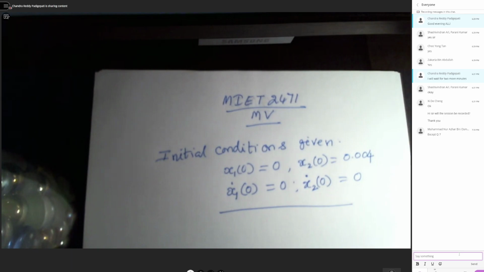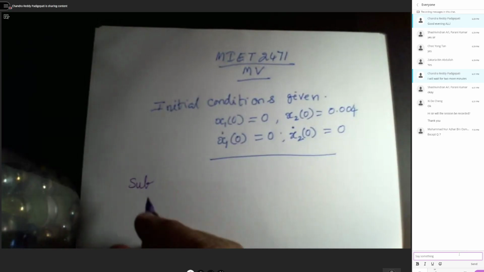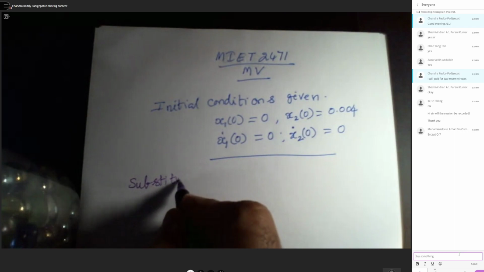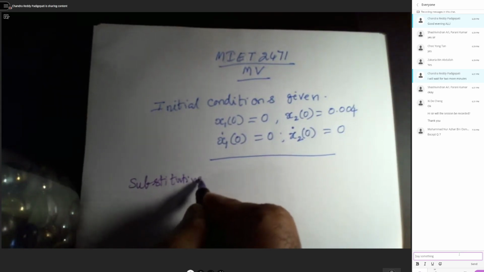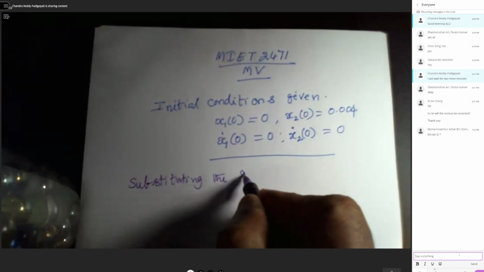Okay, so we assume the solution. Now before that, we can substitute the given values.